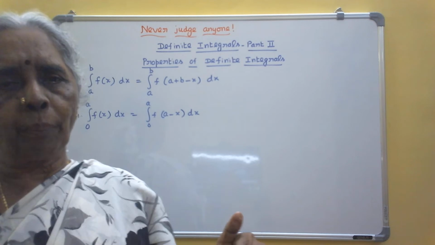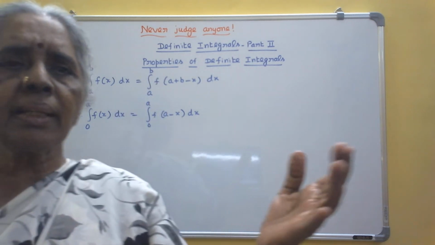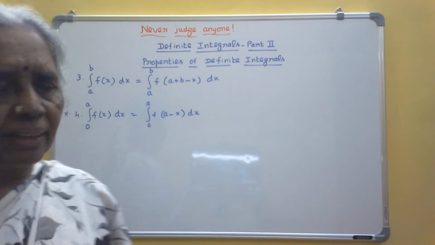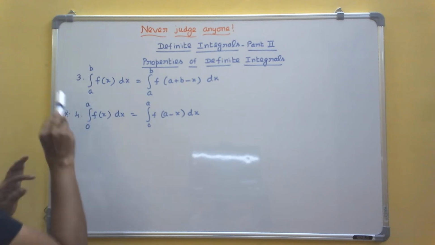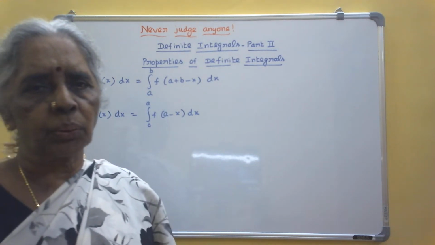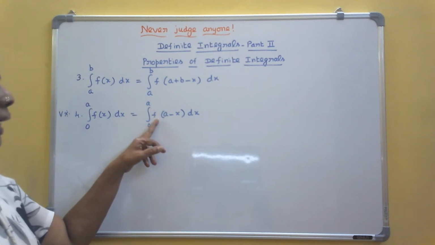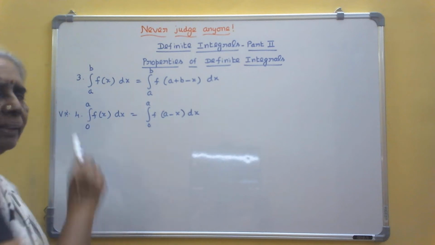Coming to the fourth property, actually it is a simplification or a special case of the third property. That is when the a is 0 and here you have a. So, integral 0 to a f of x dx is equal to integral 0 to a f of a minus x. The same one, see, 0 plus a, that is a.